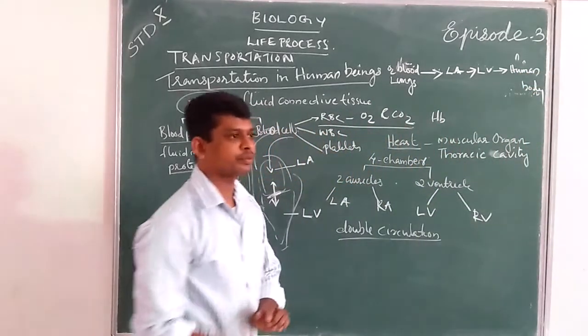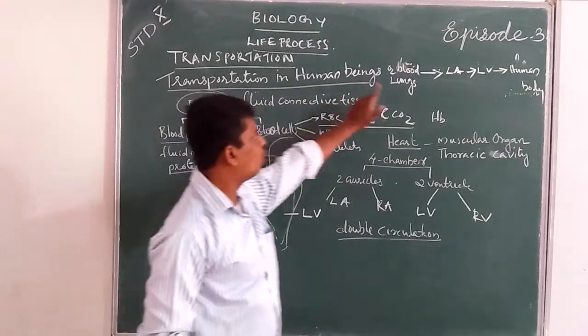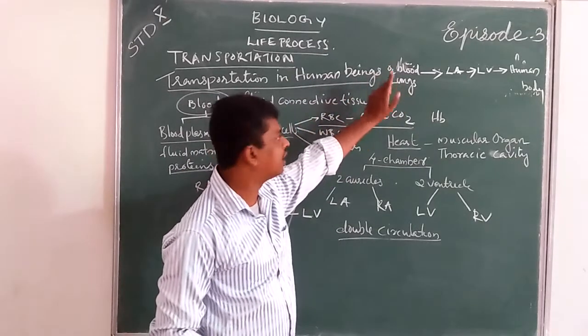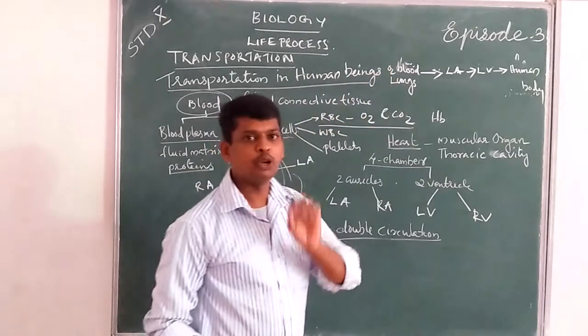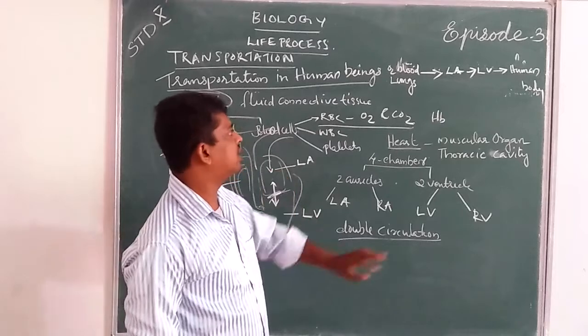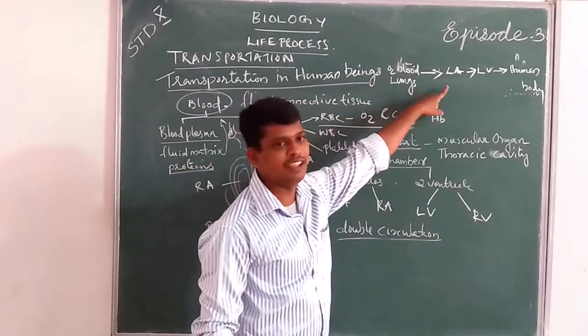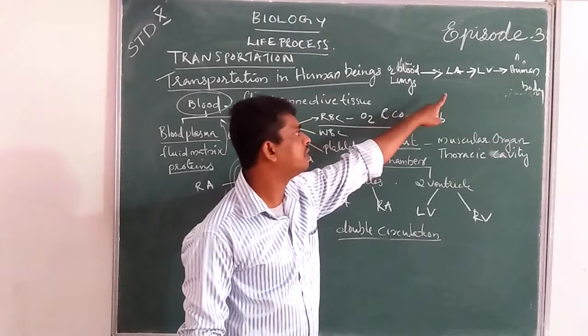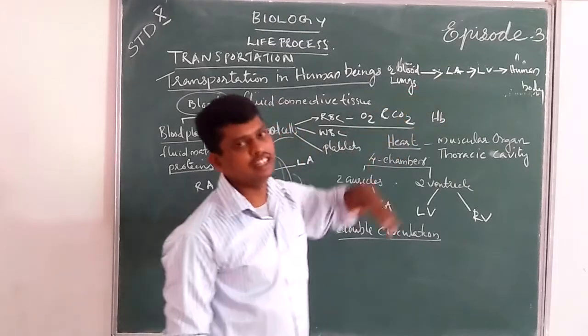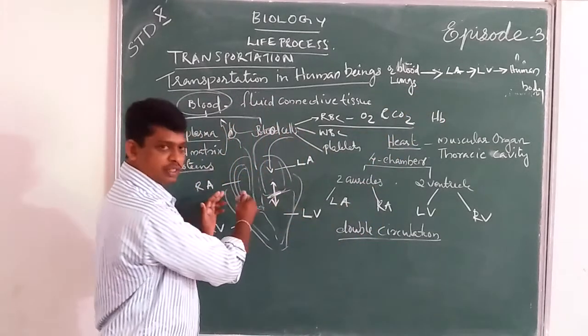Oxygenated blood, that means pure blood, travels from the lungs to the left auricle or left atrium, and then a pressure develops.